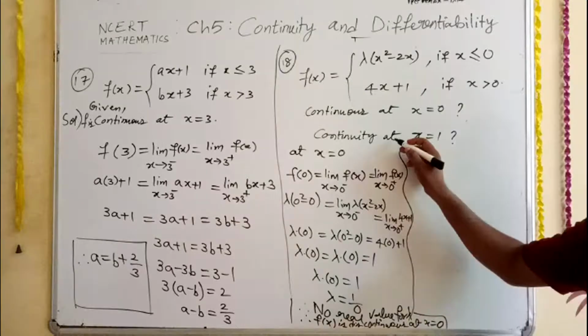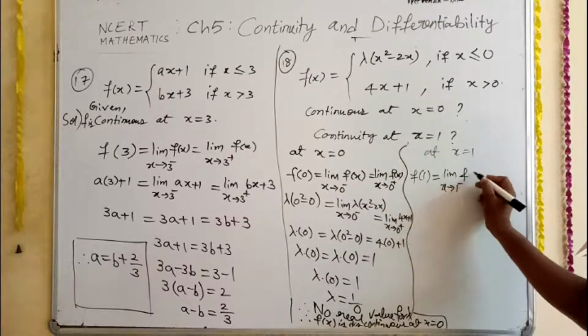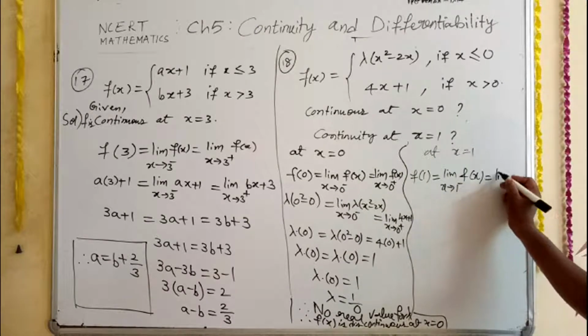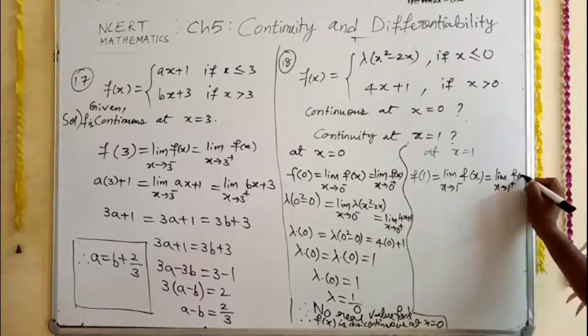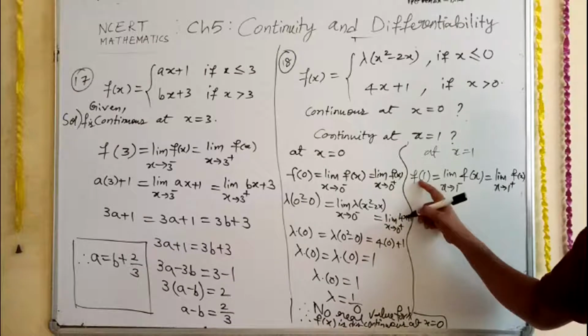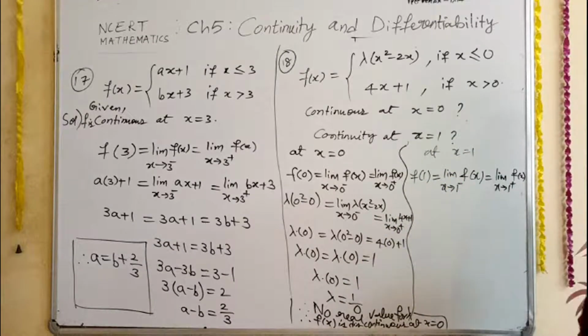So next one, at x is equal to 1. Limit x tends to 1 minus f of x is equal to limit x tends to 1 plus f of x. Now, for f of 1, x should be greater than 0 or less than 0.